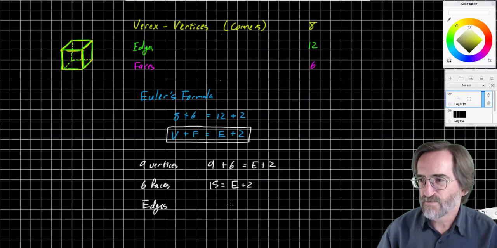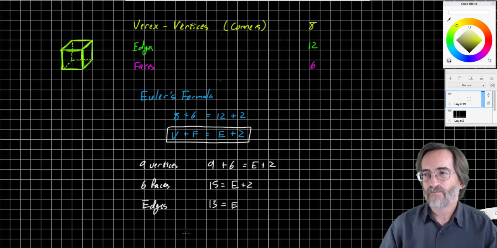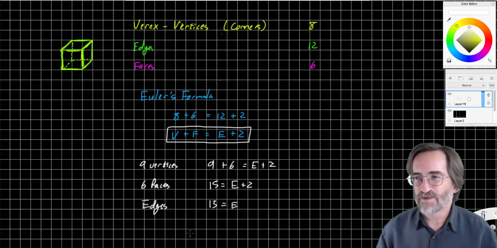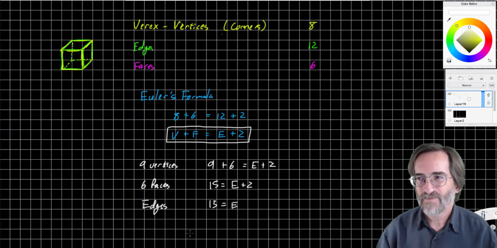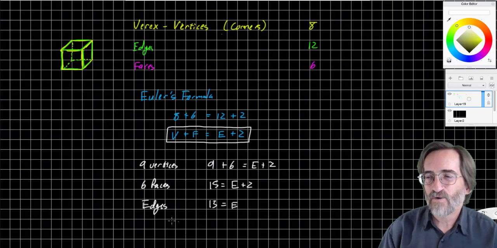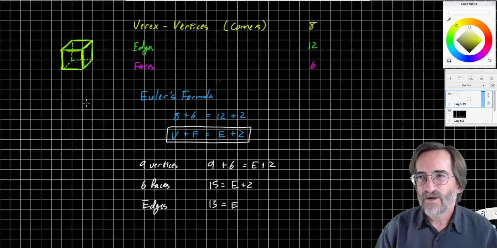Edges plus 2, subtract 2. It should have 13 edges. That is, if such a solid actually even exists. But this is a formula that applies to all polyhedra, all solids.